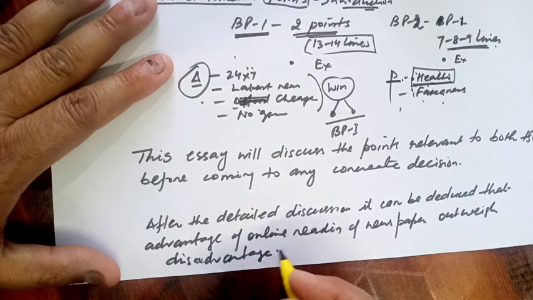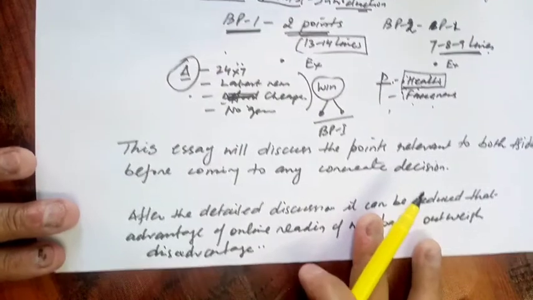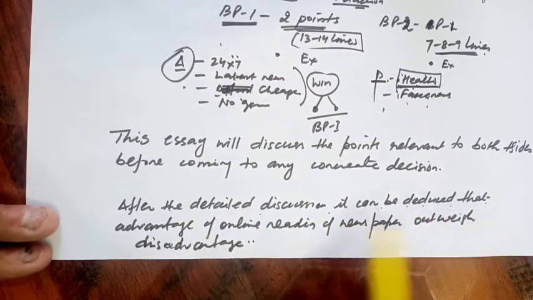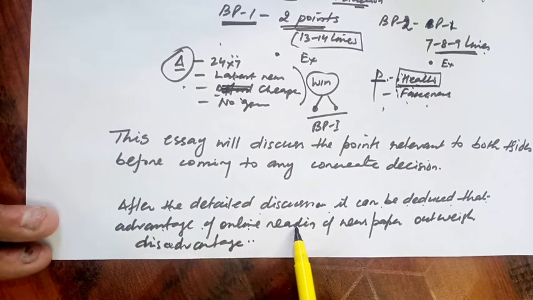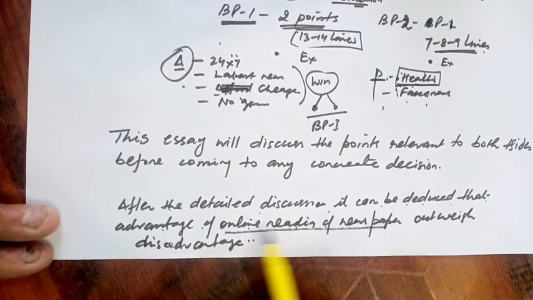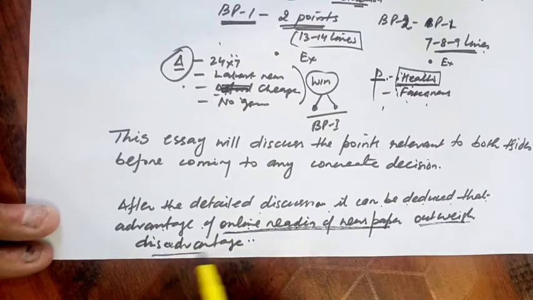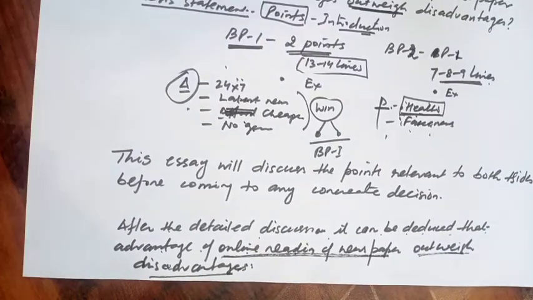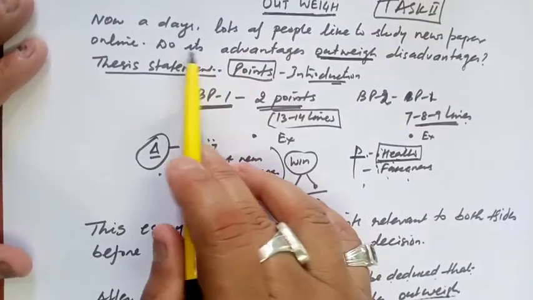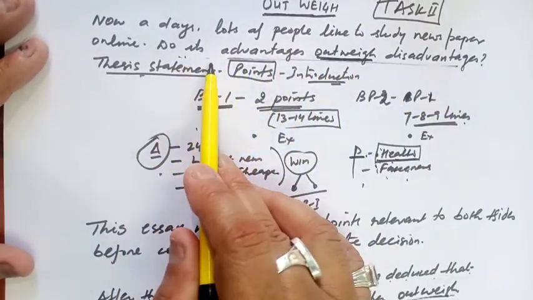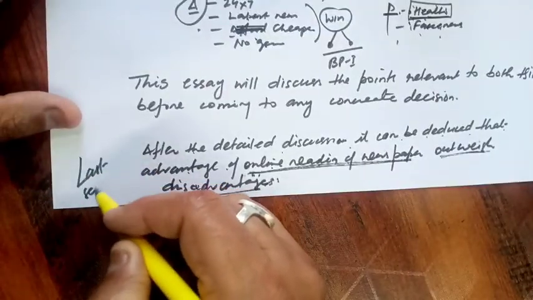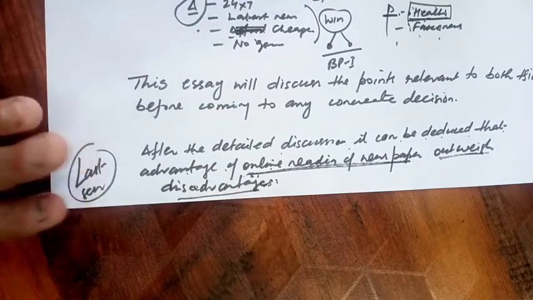Dear students, if you are not writing this line, please note it down. After the detailed discussion, it can be deduced that advantages of online reading of newspaper, that means your topic sentence, outweigh disadvantages. If this line is not written, I am not going to get good marks, because the examiner has asked me this question: do the advantages outweigh the disadvantages? Then the answer should be there at the end. This will become the last sentence of your essay.